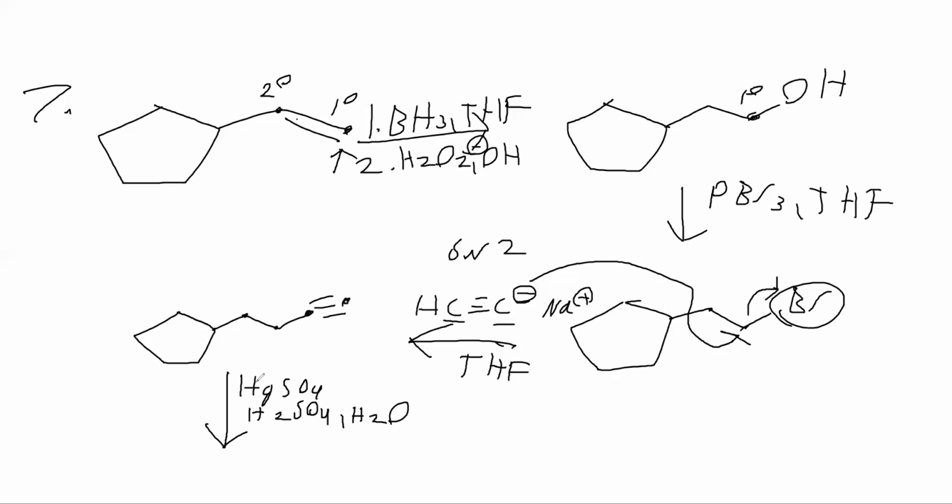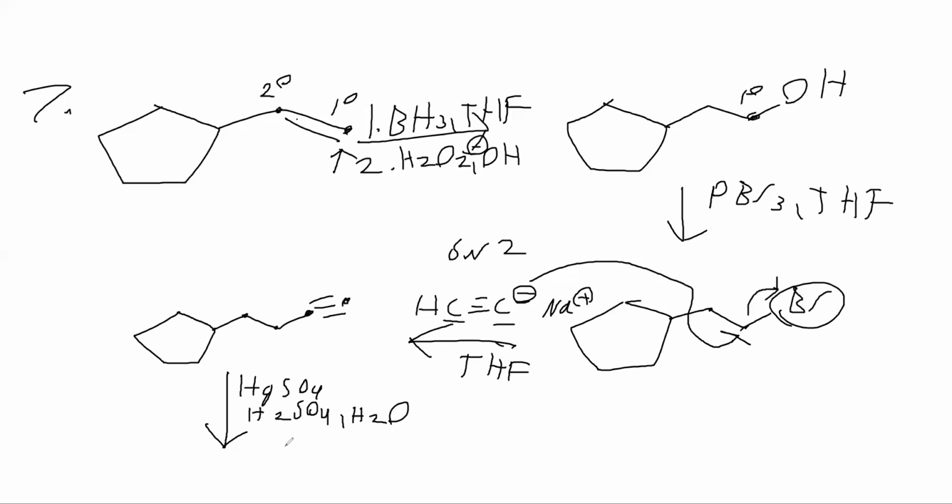We have mercury sulfate and then sulfuric acid, water. Don't remember? That's okay if we don't. It makes a ketone. You don't really have to worry about the mechanism for these.